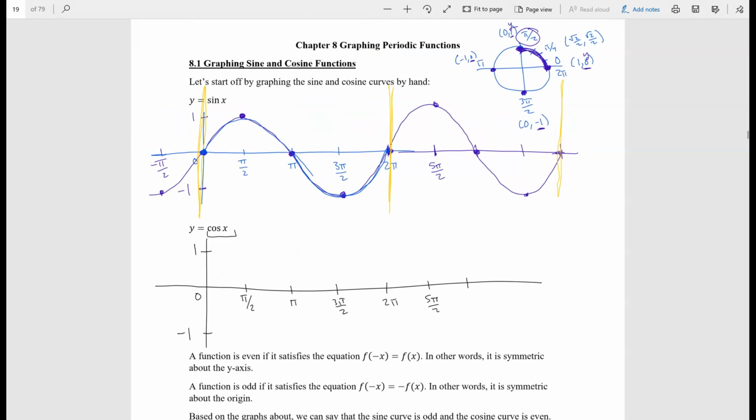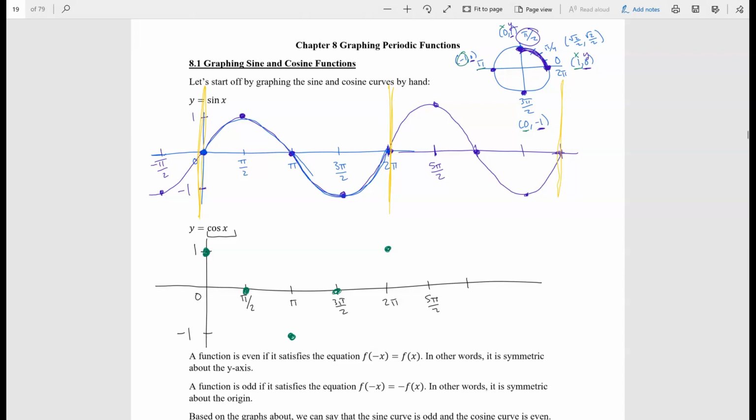Cosine is going to be the x value. So at 0 radians, you can see that the cosine is going to be 1. So that one's going to start at 1, not at 0. Then when we go to pi over 2 radians, you're going to go down to 0. Then when you go to pi radians, you're going to be at negative 1. At 3 pi over 2, we're going to be at 0. And then at 2 pi, it's going to be at 1.